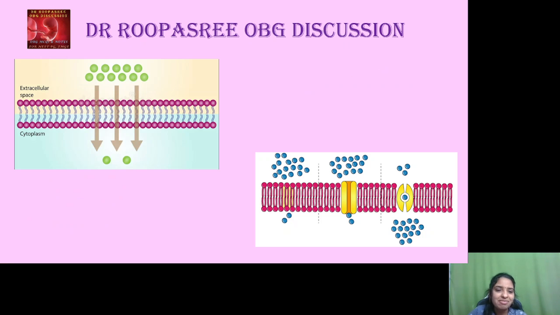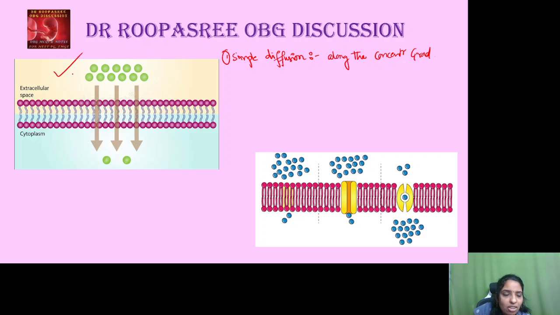First one is simple diffusion. In simple diffusion, it is along the concentration gradient. Here the number of molecules is more, so higher the concentration.